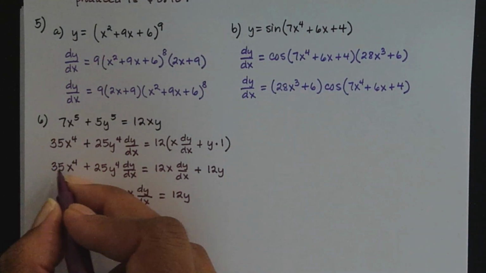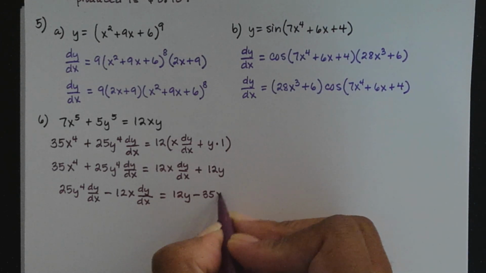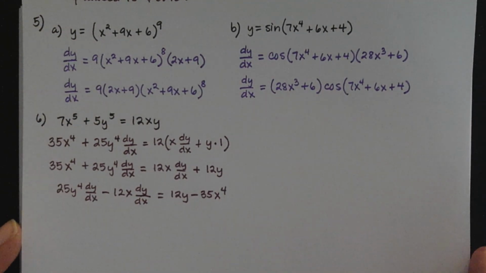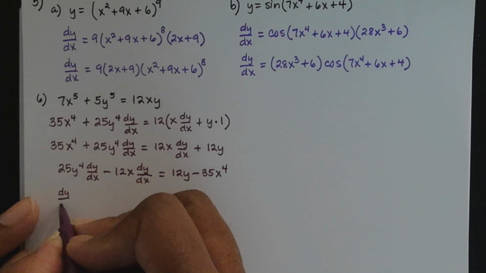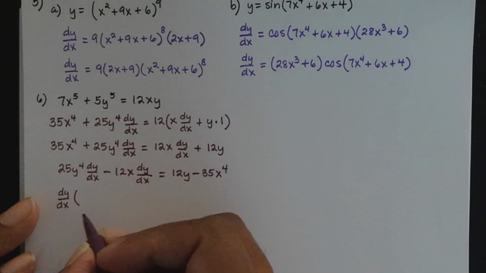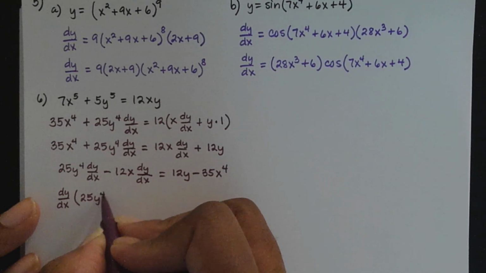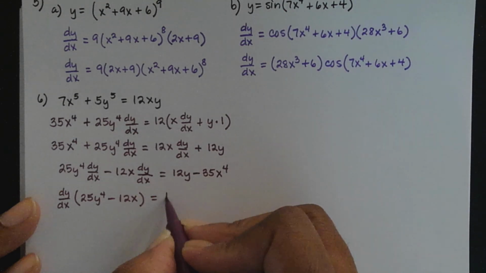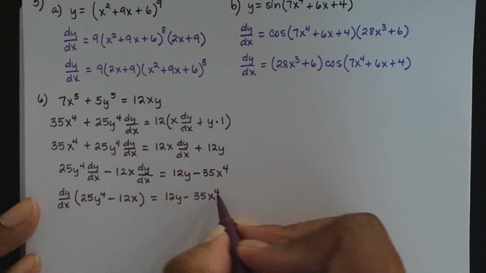That 35x to the fourth, I can move that over, and it will become negative 35x to the fourth. All right. The left side, I will factor out the dy/dx. So dy/dx is factored out. What's left will be 25y to the fourth minus 12x. And that's equal to 12y minus 35x to the fourth.